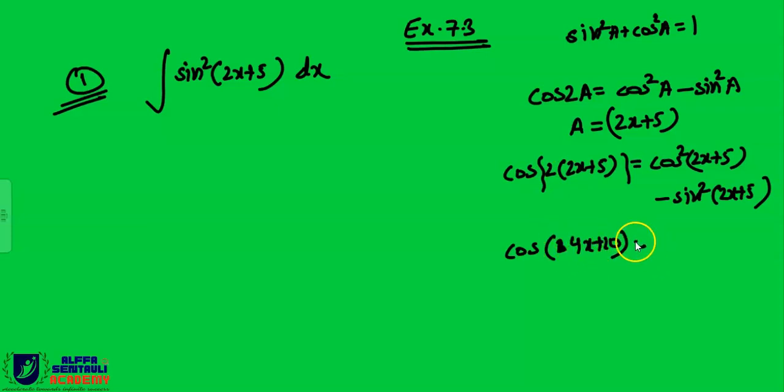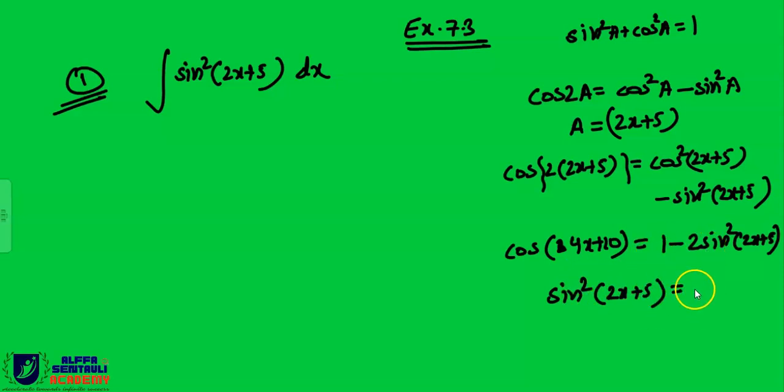So I can write this as 1 minus 2 sine square 2x plus 5, correct Anish? Correct, beta? Yes. Now you can get the value of sine square 2x plus 5 from here. So sine square 2x plus 5 can be written as 1 minus cos 4x plus 10 divided by 2, correct?